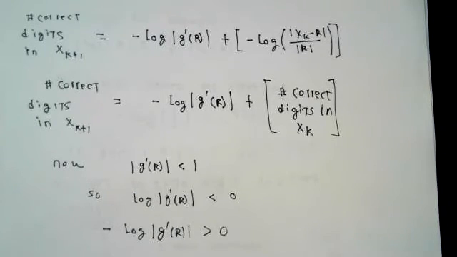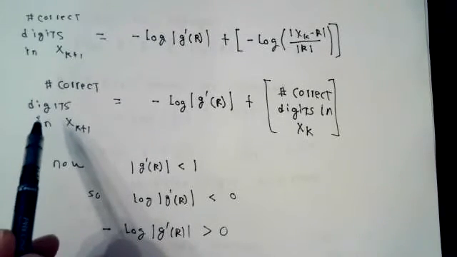In this nice case where I have convergence, the logarithm of that is negative. So the negative of the logarithm of absolute g prime of r is the negative of a negative number, and so is positive. So this negative sign is not a worry. It just looks like it might cause trouble, but in point of fact, it doesn't.